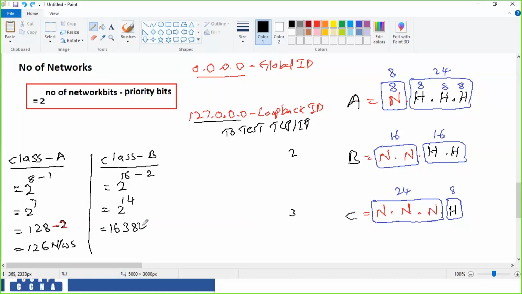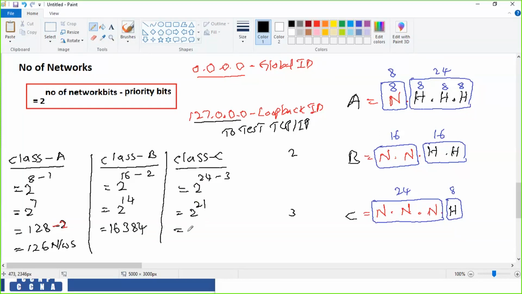This many networks in class B. Here there is no minus 2; global ID and loopback ID were done in class A. That's all. So in class B, these are the total networks we can use. Class C: 2 power number of network bits, which is 24, minus priority bits, 3, so 2 power 21.